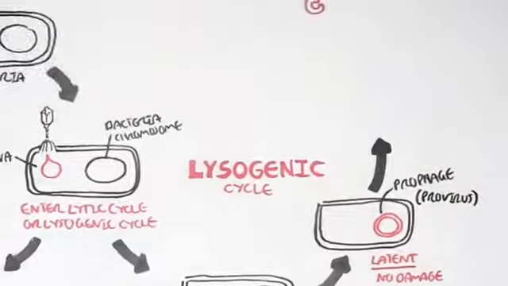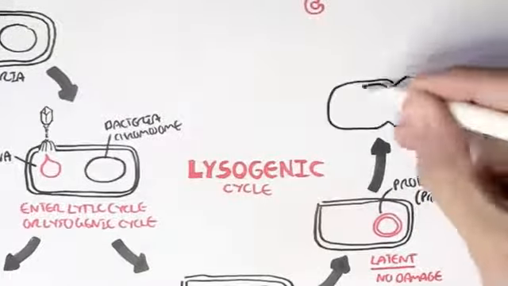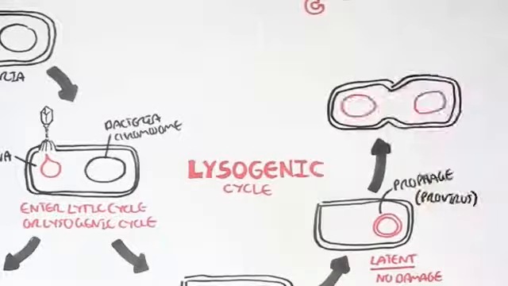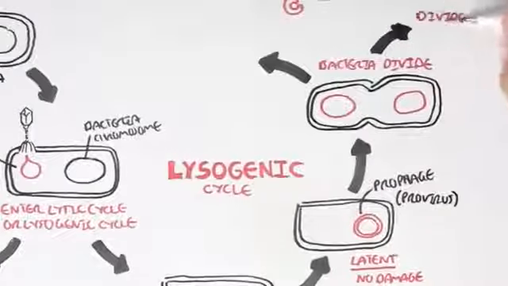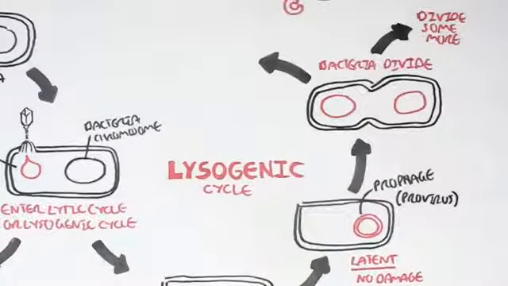However, when the bacteria itself divides, because that's what bacteria do, they divide, the phage DNA is also copied, and this can keep occurring. So again, each time the bacteria divides, the phage DNA will also be copied, and so we would have more phage DNA.